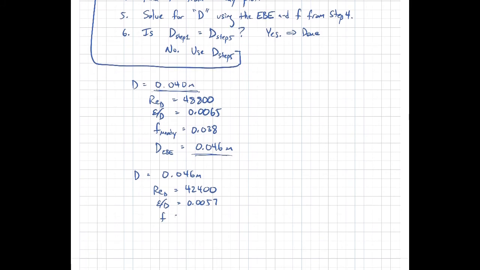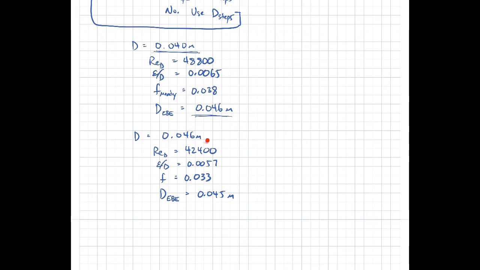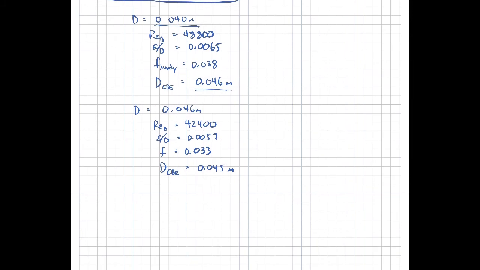Friction factor from the Moody plot 0.033. And our new diameter from the extended Bernoulli equation is 0.045. So you can see I'm getting a little bit closer now to converging. This guessed value and my extended Bernoulli equation value are much closer. So let's do one more iteration.